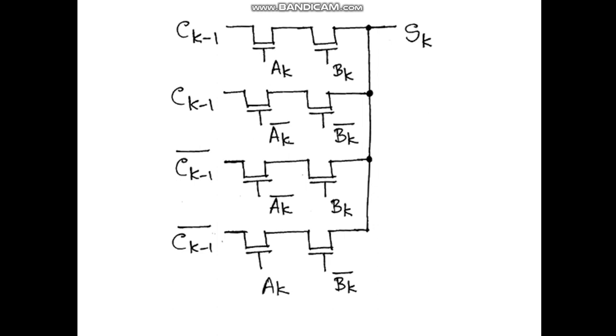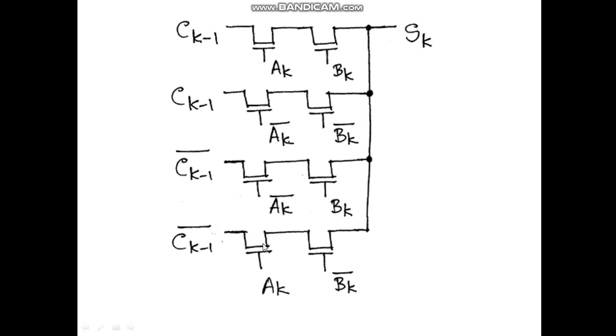For the other two combinations, when Ak and Bk are different, for the combination 0 and 1, Ak bar becomes 1, Bk is 1. So both the transistors in the third row are enabled and Sk is equal to Ck-1 bar.